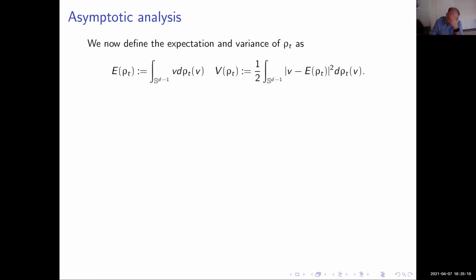And here we define two macro quantities: the expected value of the law, that is the integral of V over the law, and the second is the variance. And these are morally expected value on R^d and variance on R^d. Okay, so this is more or less how they look.